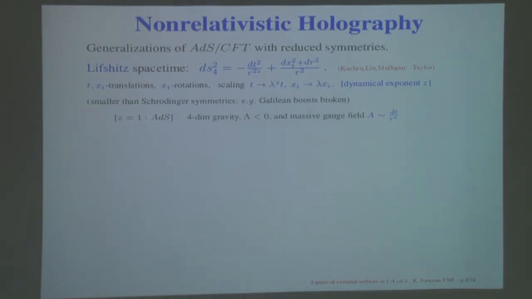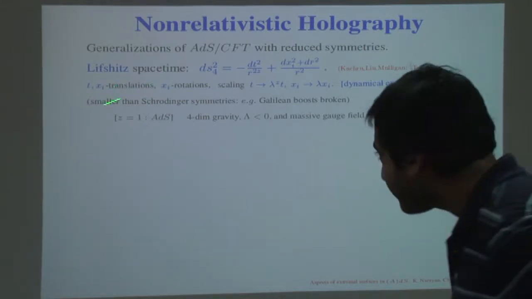In the last few years, we've been seeing generalizations of ADS-CFT with reduced symmetries. So a rather simple example is this Lifshitz spacetime that was found by Kachru, Liu and Mulligan, and Taylor. This exhibits these symmetries.